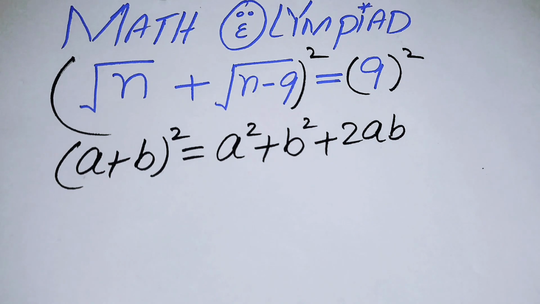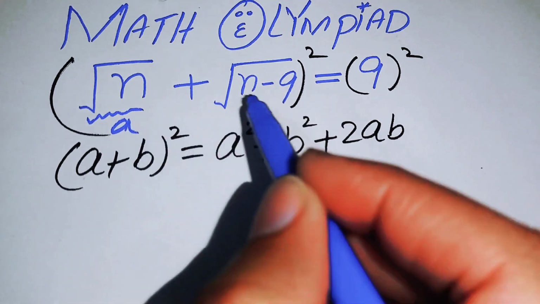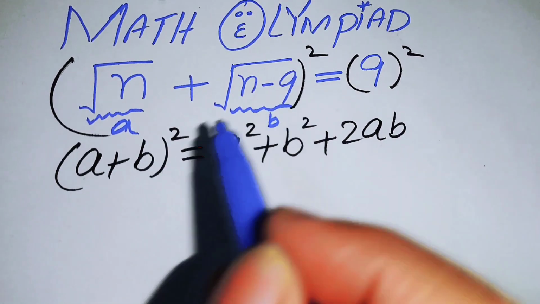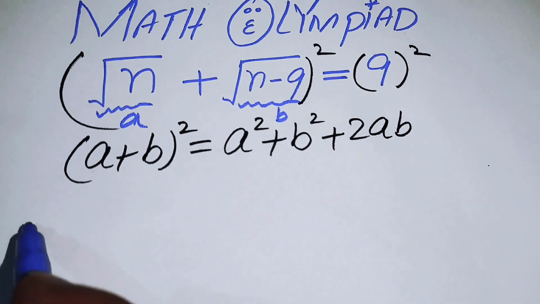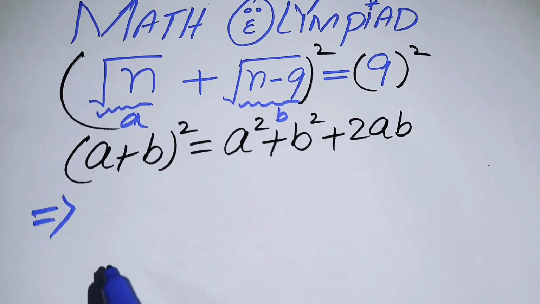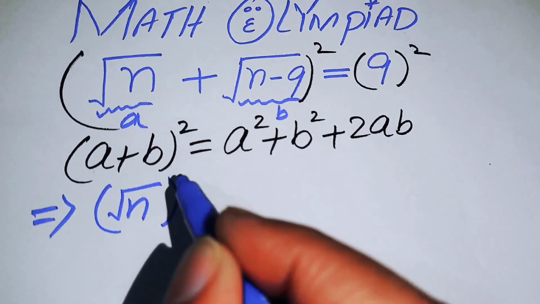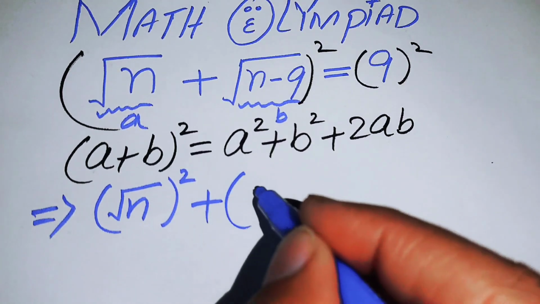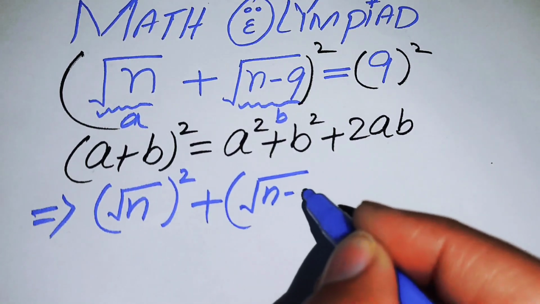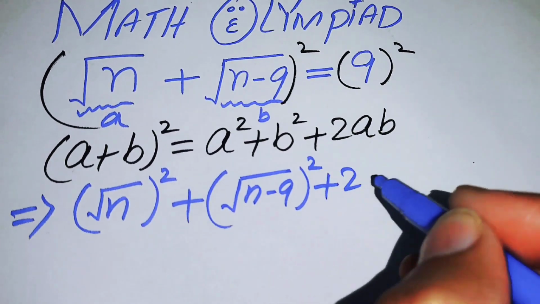If you focus on the left hand side, you see that this is the value of a and this is the value of b. So now we put the values of a and b in this identity and you get the output in this form: square root of n whole square plus square root of n minus 9 whole square plus 2 times ab.